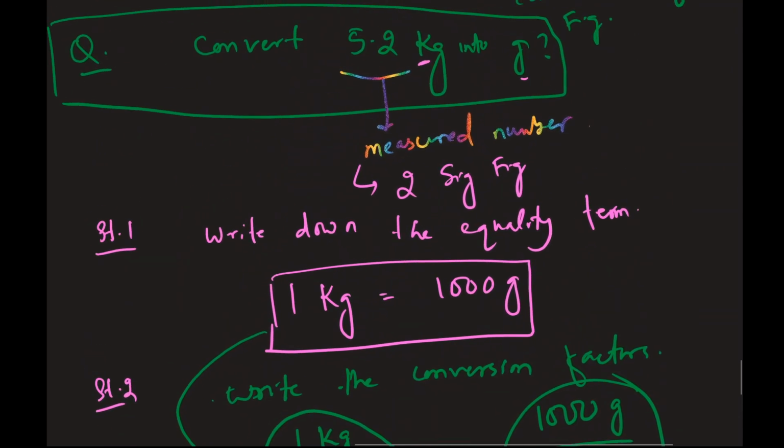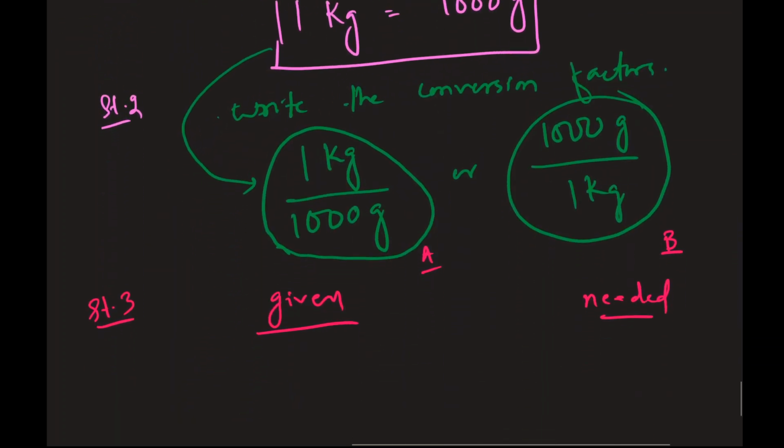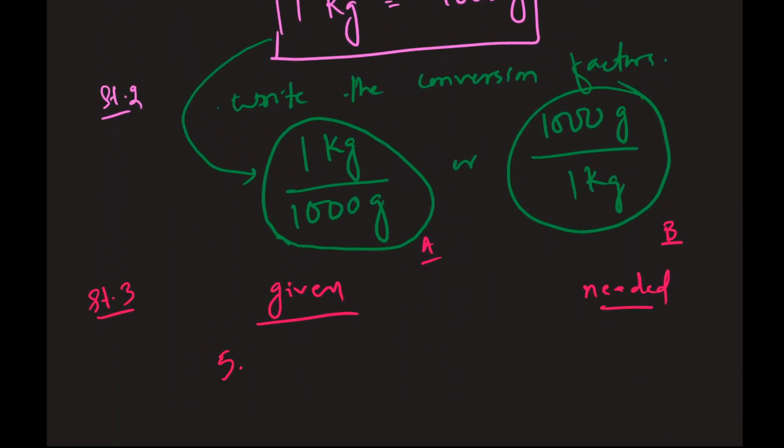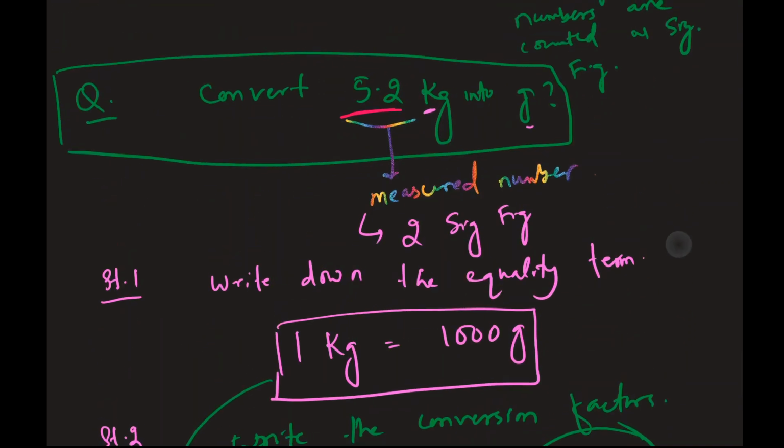What's given? We were given 5.2 kilograms. So let's write that down: given is 5.2 kilogram. And what's needed? You want to find out how many grams that would be, how many grams in that 5.2 kilograms.